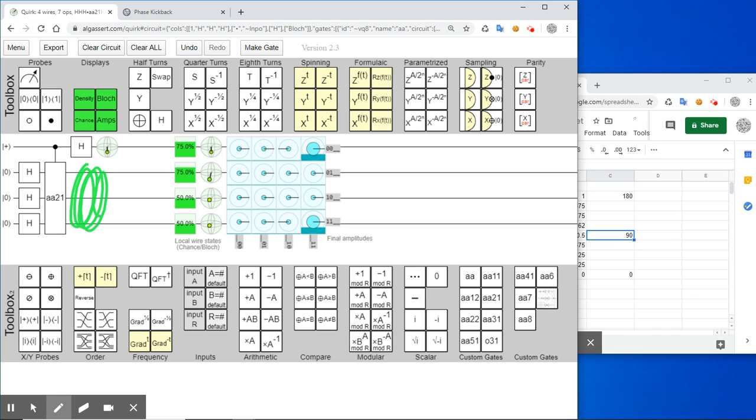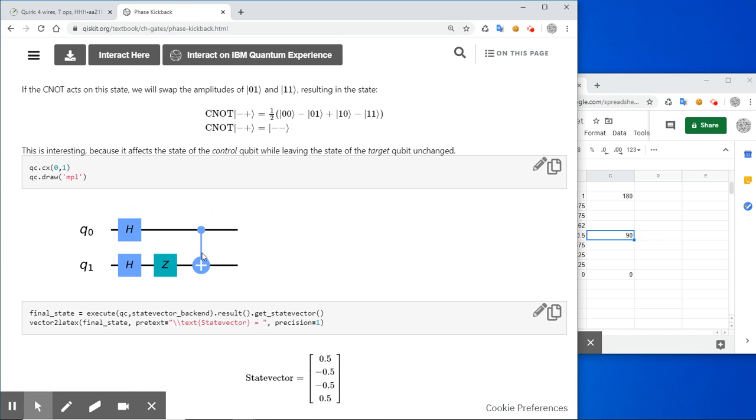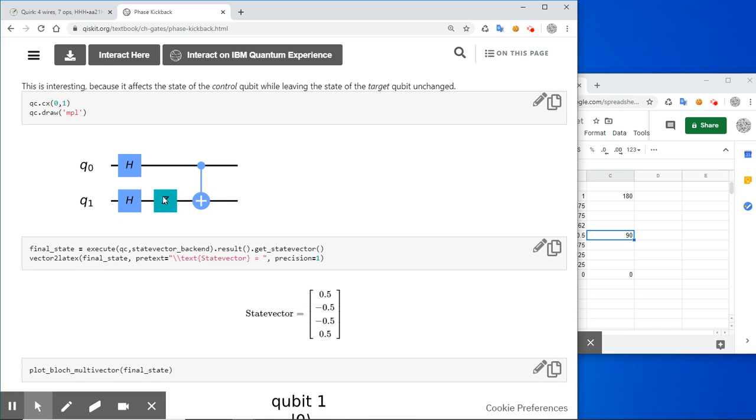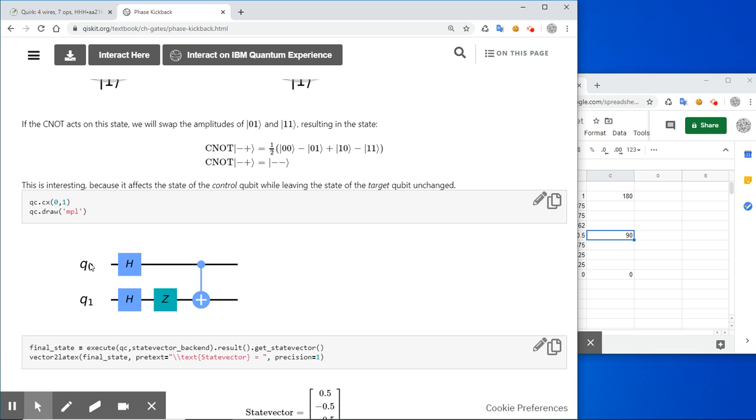That's not the plus plus plus anymore, and that's kind of against the definition in here, which is that the state doesn't change, only the control qubit changes.